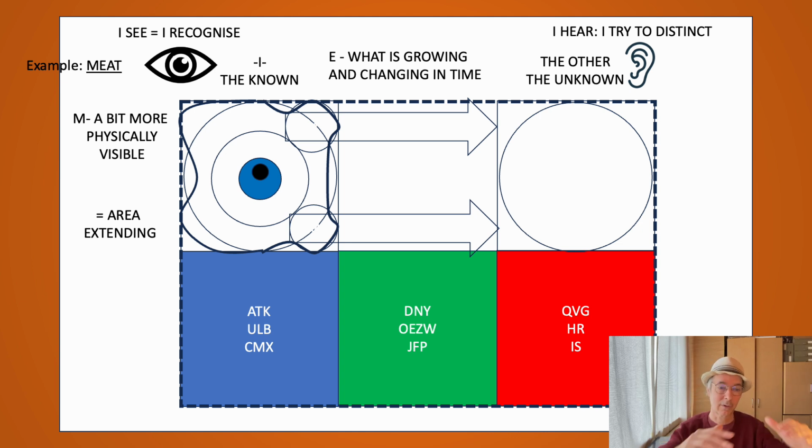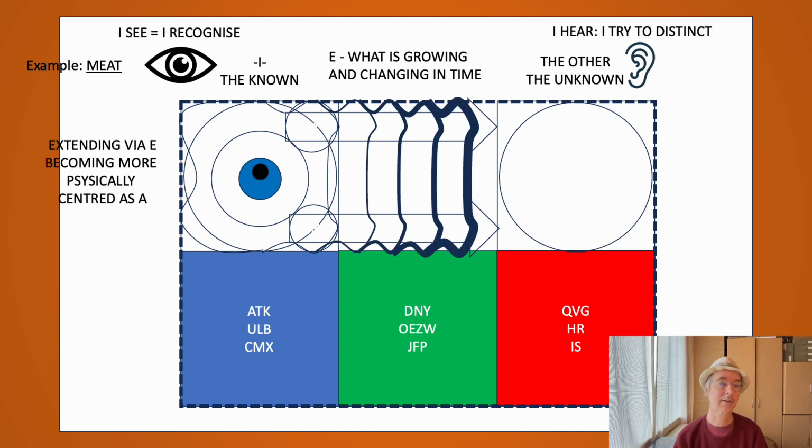So I'll start already from the physical border here, and that is going to be extended and going to become more and more physical, from A, evolving, changing in time, to the letter A, to something physical. So that's how I have this extension which grows and becomes more and more physical.